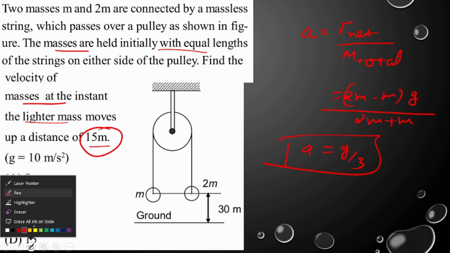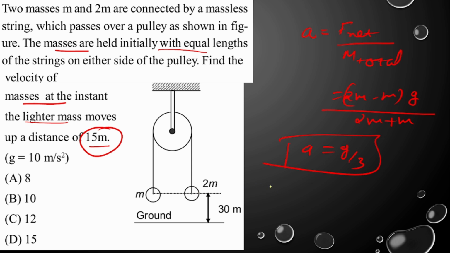Velocity will be v equals u plus at. Initial velocity will be 0, acceleration is g by 3, and time is not given, right? So not using this equation, we will use the equation v square minus u square equals 2as. Block is moving in this direction, so velocity is in this direction, g is in downward direction, and the displacement will be in the upward direction.